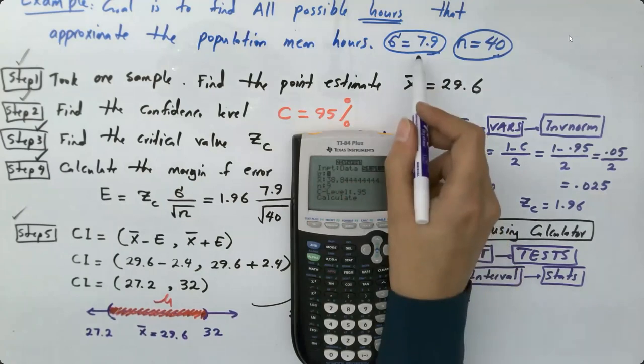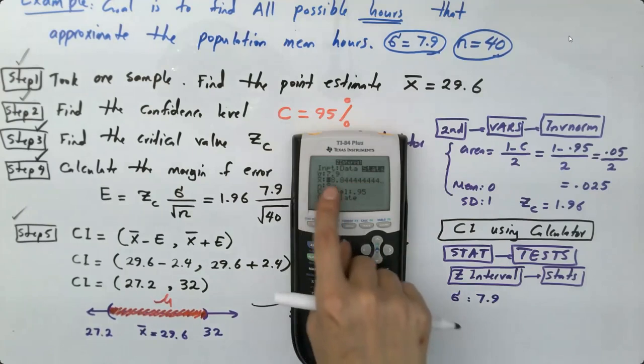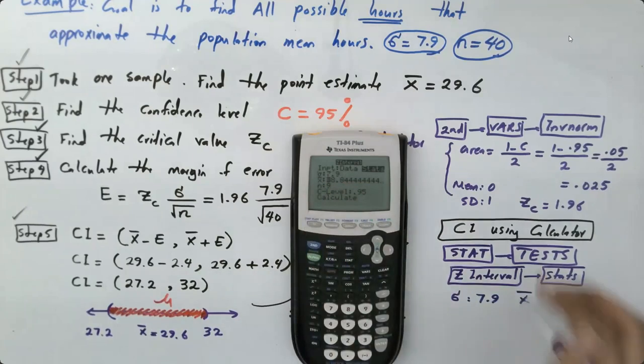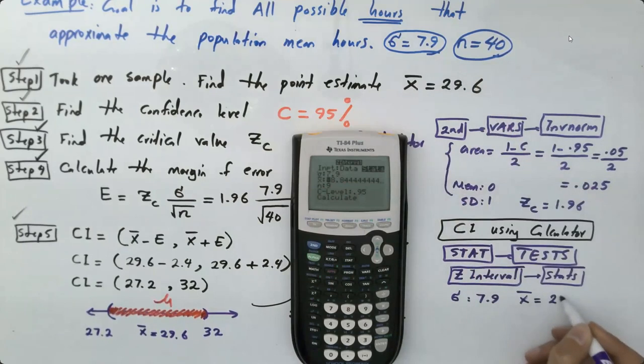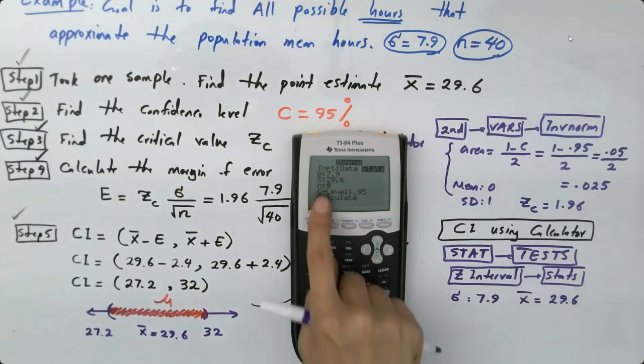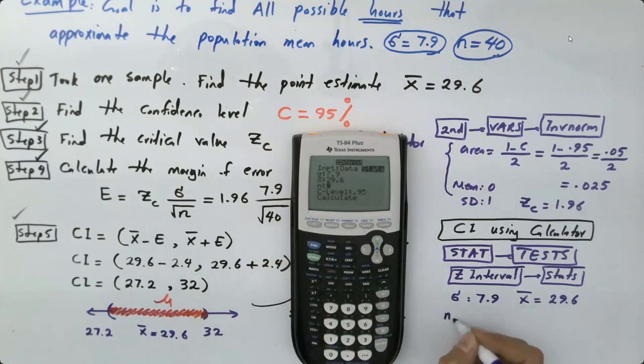Sigma, the population standard deviation, is 7.9, so let's enter that. Then what is X bar? We calculated X bar. X bar is 29.6. And then go to N. N, the sample size, is 40. Here we go.